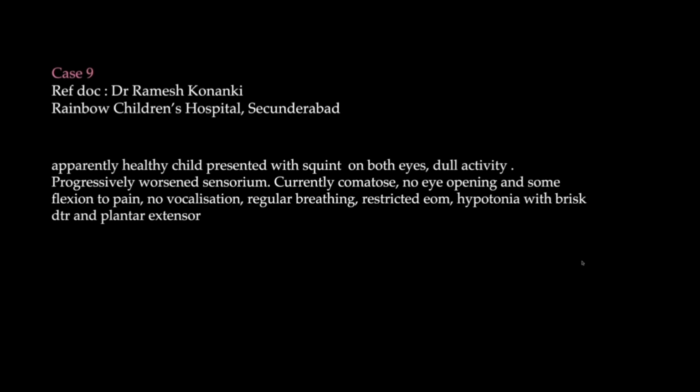This was a girl child around 3.5 years of age with an acute complaint of some squint developing on the right eye, and then there was a reduced speech output and overall dull activity, so in the form of some progressive encephalopathy, and then the squint developed on the other eye as well, the left eye.